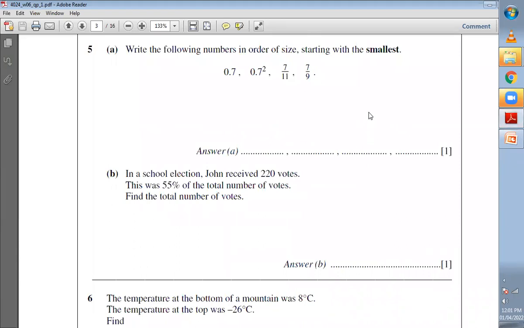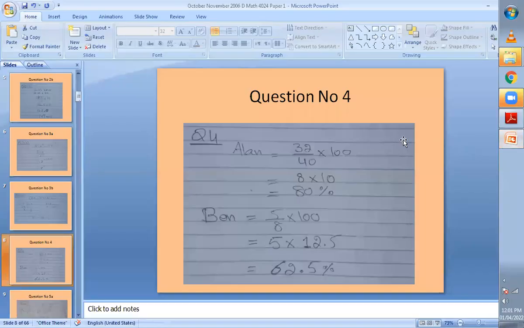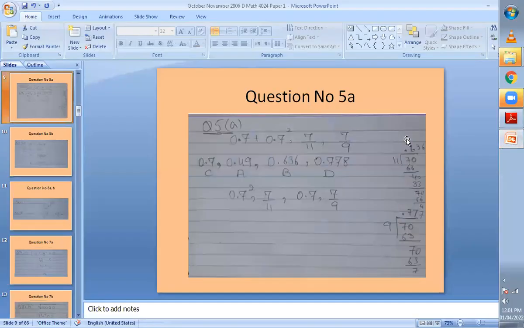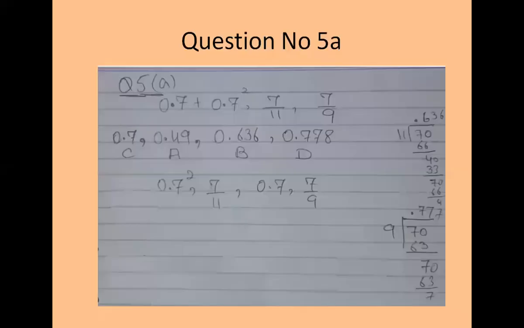Okay, write the following numbers in order of size, starting with the smallest: 0.7, 0.7 squared, 1 by 7, 7 by 11, and 7 by 9. Okay, so let me show you how I've done this. Here is the trick I used. You have 0.7. 0.7 squared means 0.7 multiplied by 0.7, that will be 0.49.